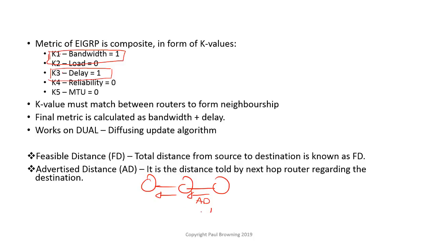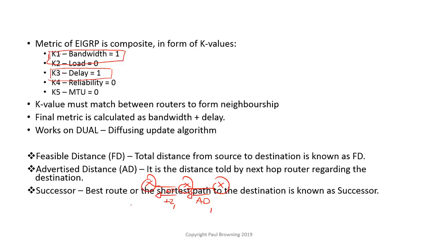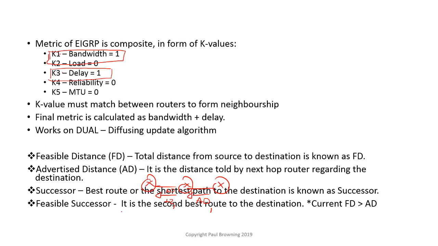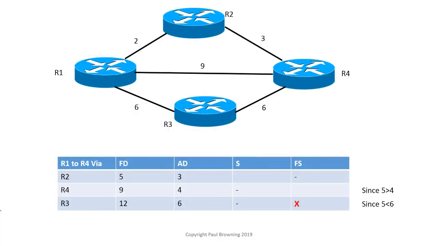This will then add, so if that's 1 and this is 1, it will send the advertised distance as 2, for example, to the next router. The successor is the best route or shortest path to the destination. Feasible successor is the second best, and this will be inserted into one of the EIGRP tables, the topology table.